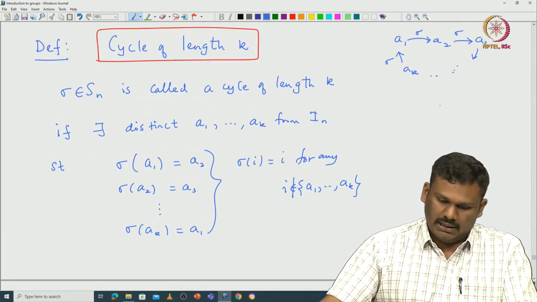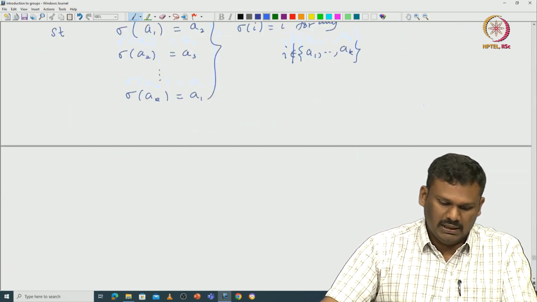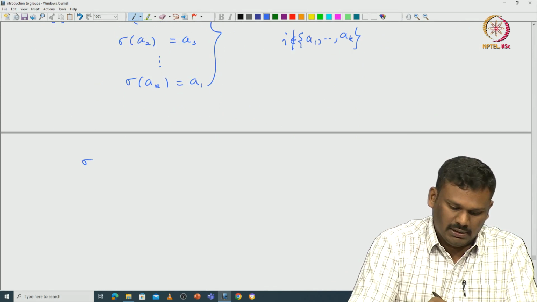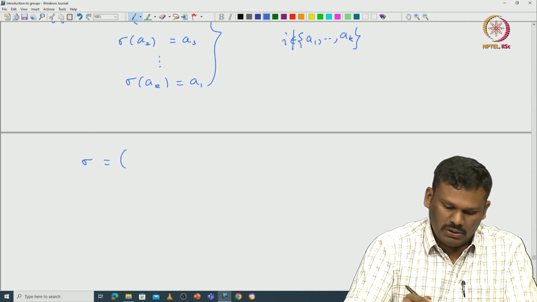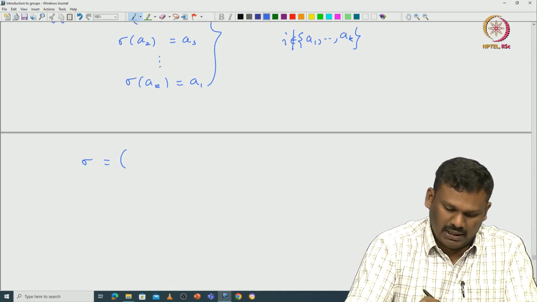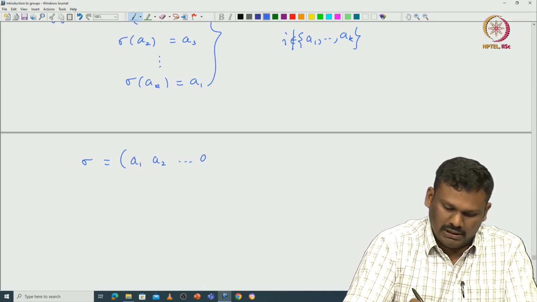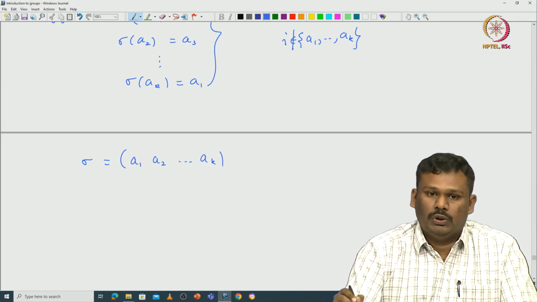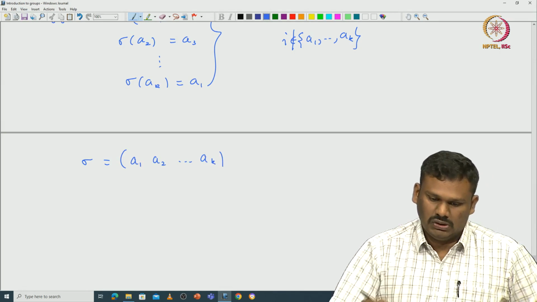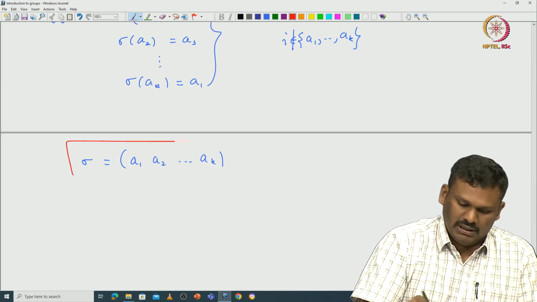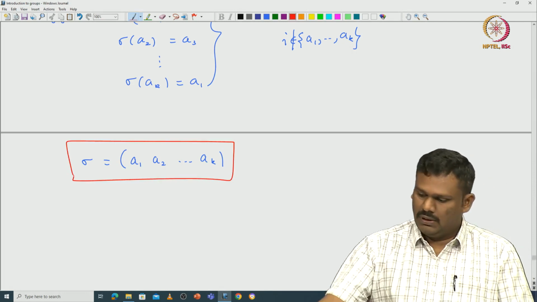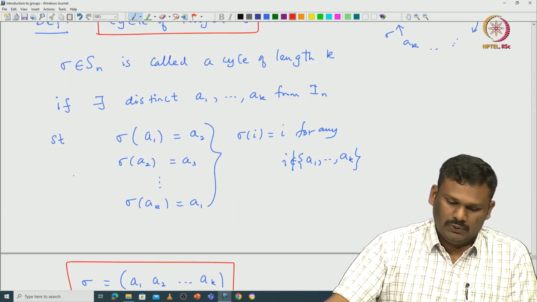If sigma satisfies this property, then we denote sigma using parenthesis notation, (a1 a2 ... ak). Note that we do not put commas between these indices. This is the notation for the cycle of length k, defined as above.